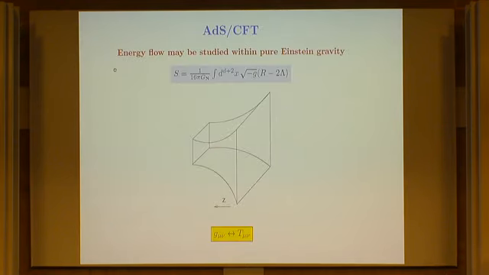From the perspective of AdS/CFT, this is also particularly useful because if you're looking at energy flow at finite temperature, we can study this within the simplest example of a holographic system, namely the framework of pure Einstein gravity. There are no matter fields, no charge fields, nothing else apart from gravity. So this is the usual Einstein-Hilbert action with scalar curvature and a negative cosmological constant.